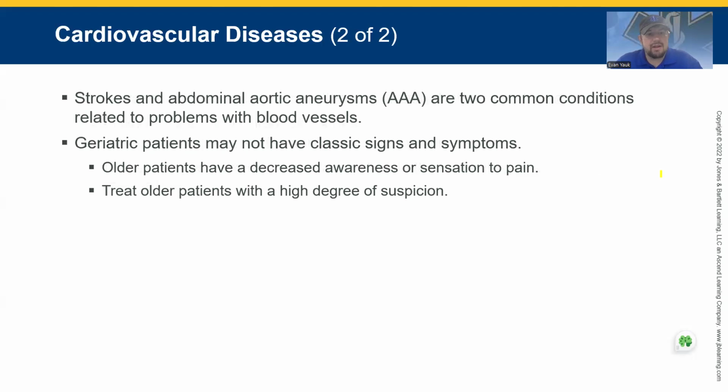Strokes and abdominal aortic aneurysms, or AAA, are two common conditions related to problems with blood vessels. We know strokes: we have ischemic stroke or hemorrhagic stroke. Ischemic is lack of blood and oxygen, and hemorrhagic stroke is where we have a bleed.